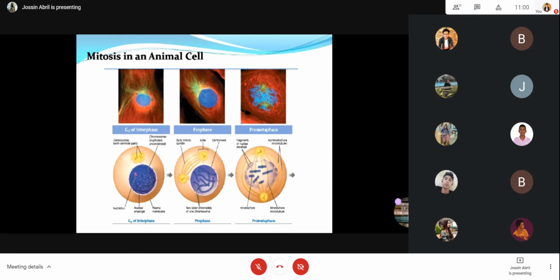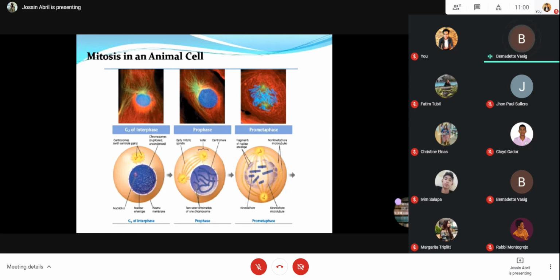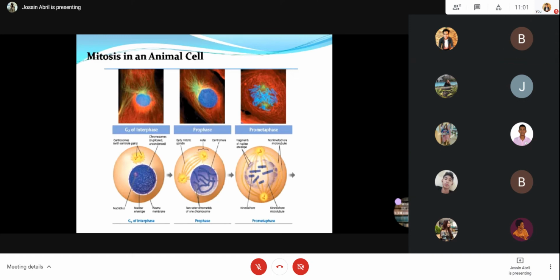The three distinct types of microtubule fibers are kinetochore microtubules, the polar microtubules, and the aster microtubules. Kinetochore microtubules hold the chromosomes; the kinetochore of the chromosomes is attached to these microtubules.